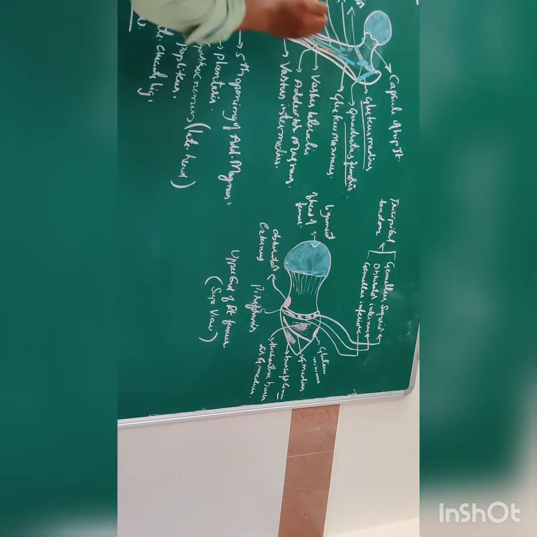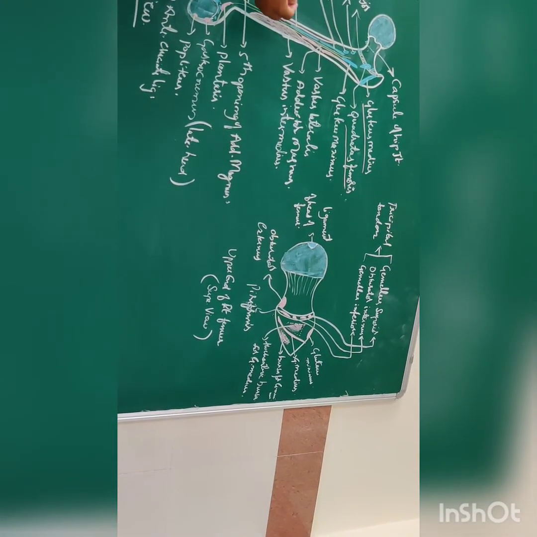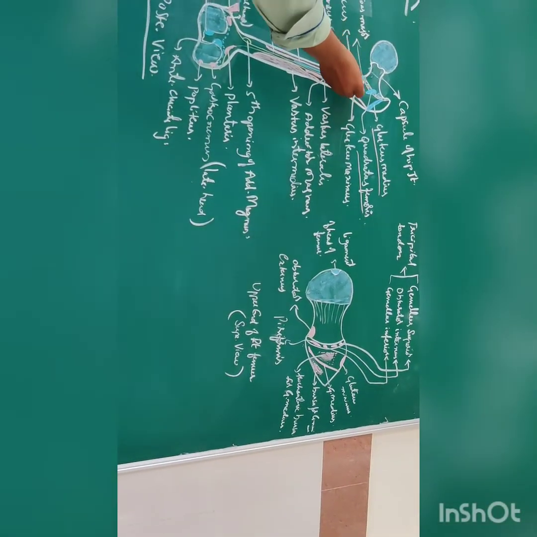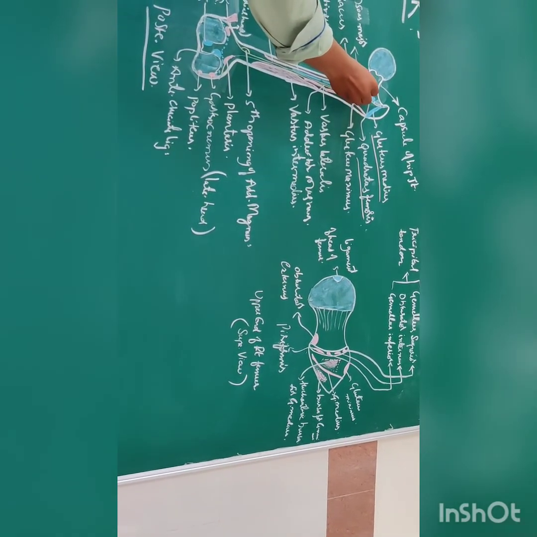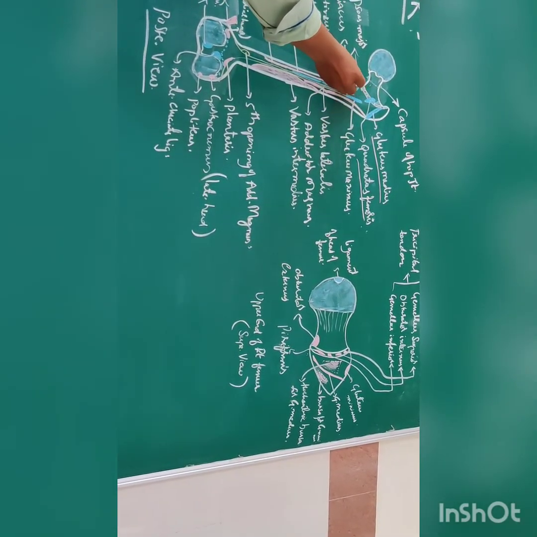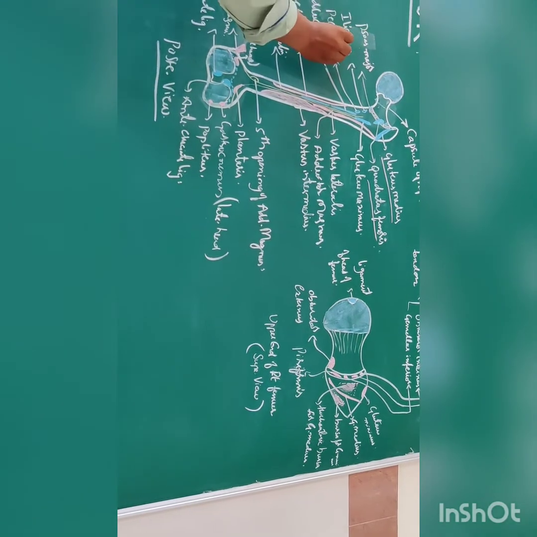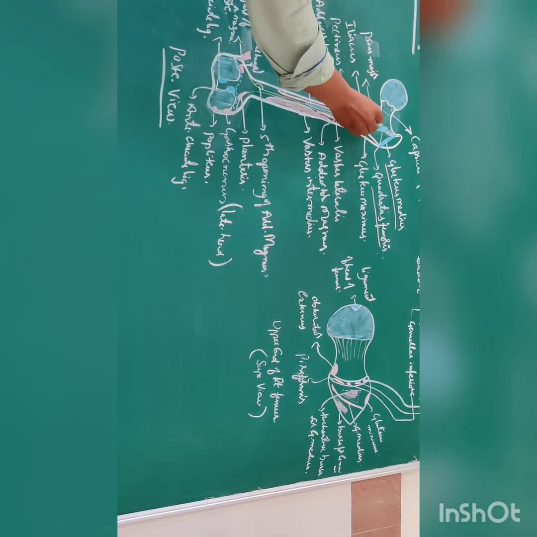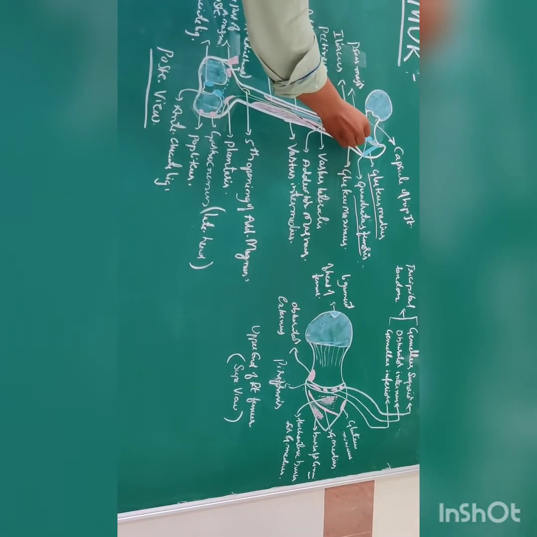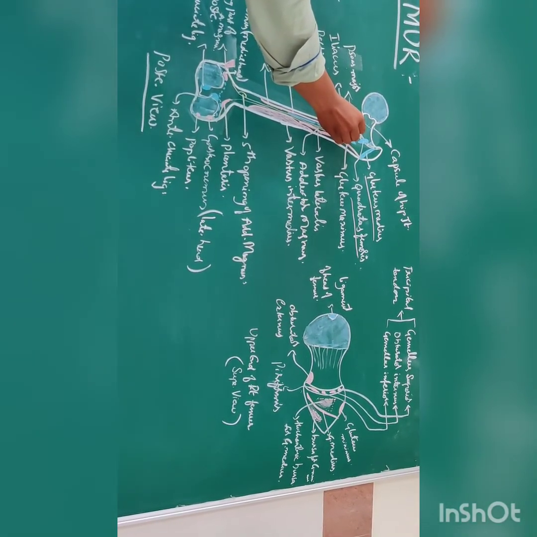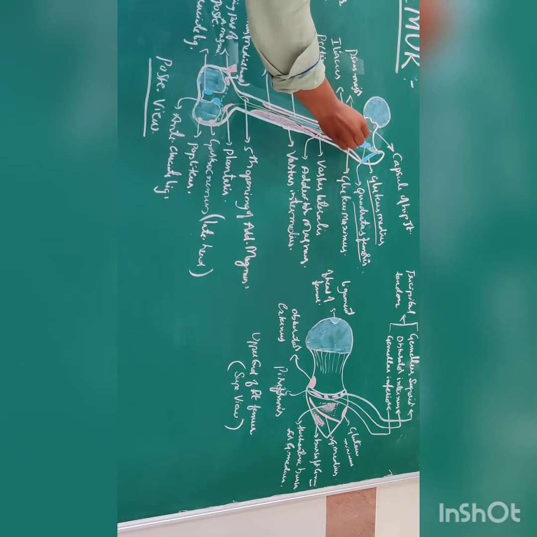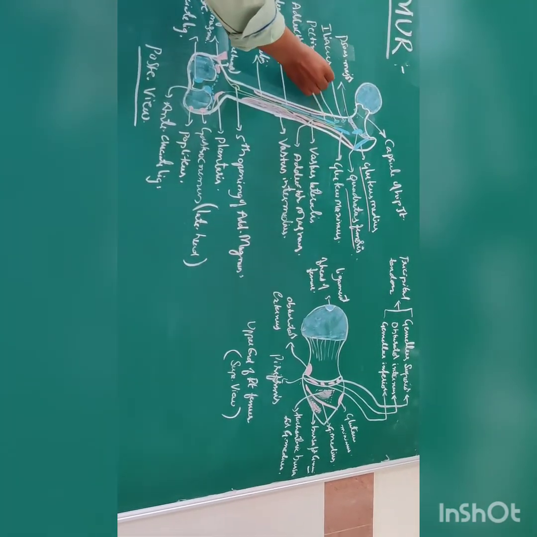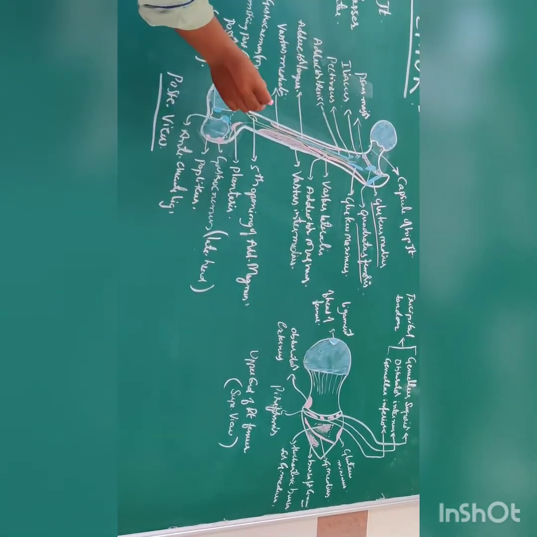The quadrate tubercle gives attachment to the quadratus femoris, and you can see here the attachment of the psoas major, iliacus and pectineus. This is on the upper part of the posterior surface of the shaft of the femur. So psoas major, iliacus and pectineus.